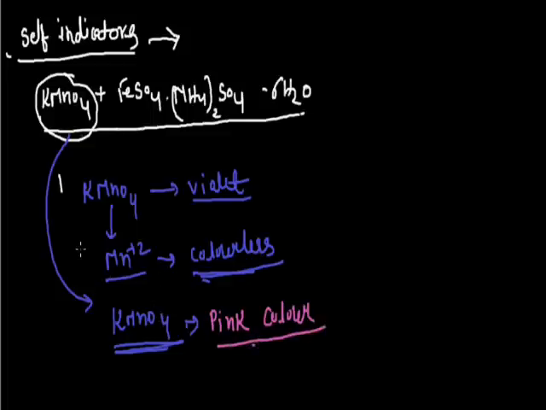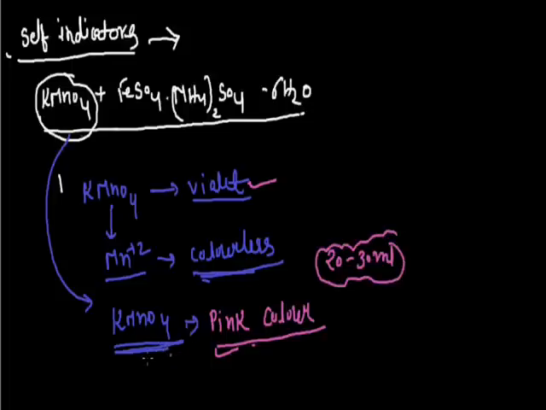Initially the KMnO4 looks violet, since its concentration is more, but at the completion of the reaction it looks pink, since we then have a colorless solution of about 20 to 30 ml, and when we add only a single drop of KMnO4, the violet color does not appear; the pink color appears. So the pink color of KMnO4 appears when its concentration is very dilute.